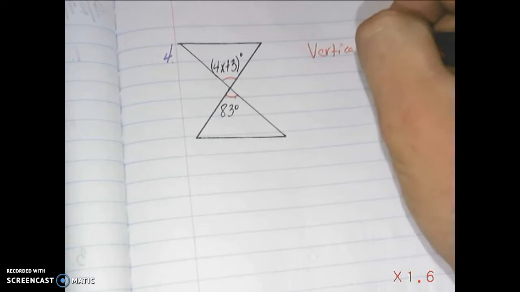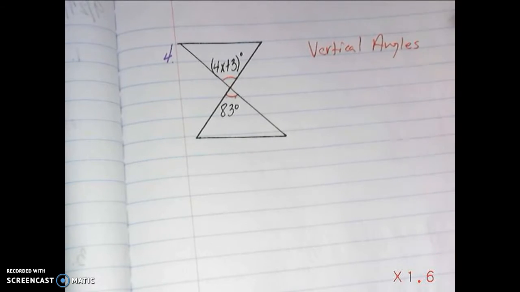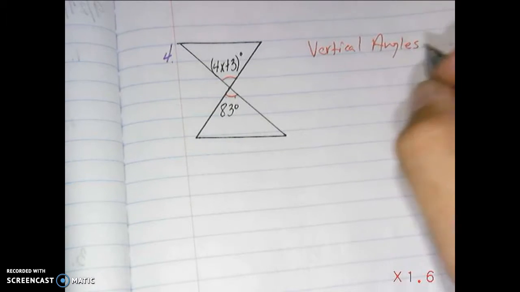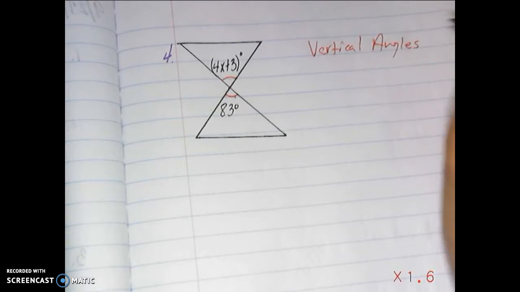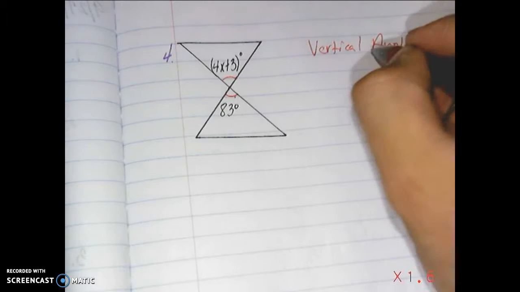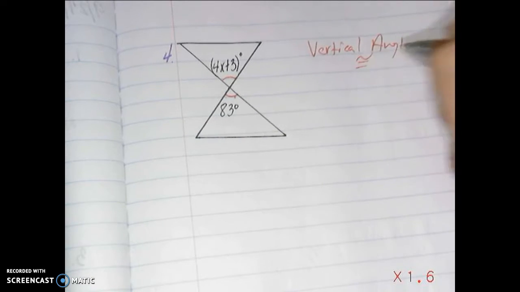With vertical angles, we know from your foldable that they are congruent.